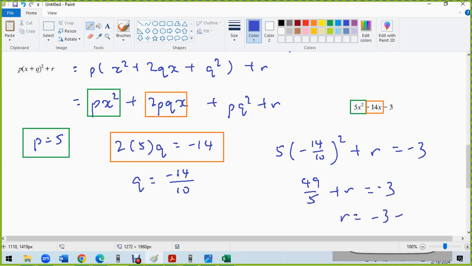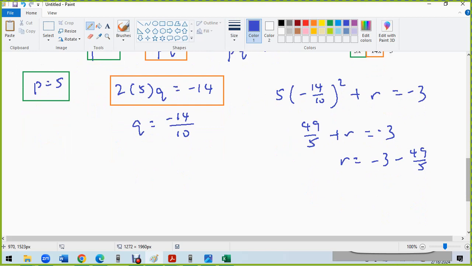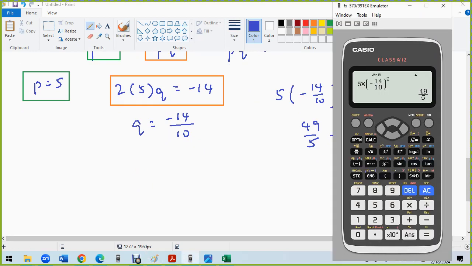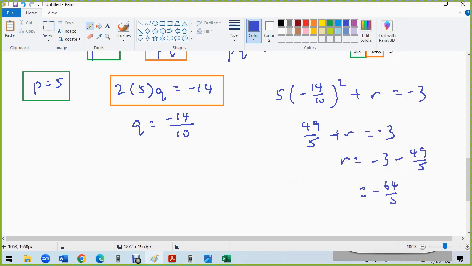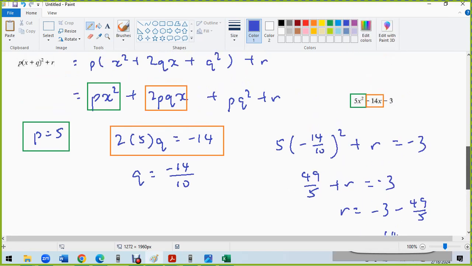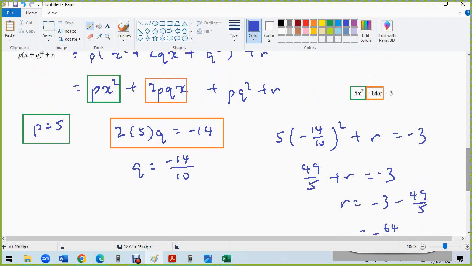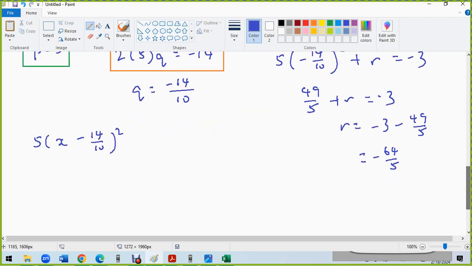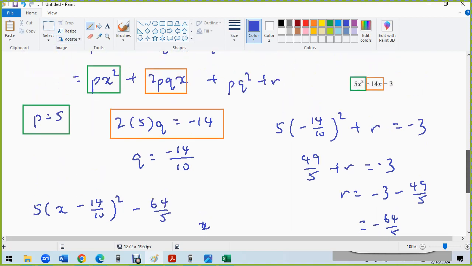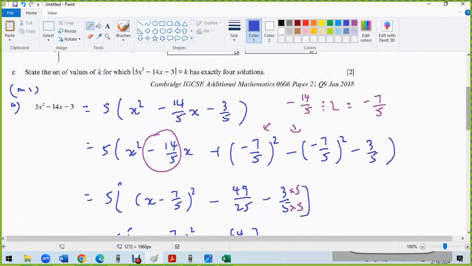So r will be negative 3 minus 49 over 5, which is negative 64 over 5. Okay, so we have p times x plus q, so 5 times x minus 14 over 10 squared plus r, and negative 64 over 5 will be the answer for this equation.